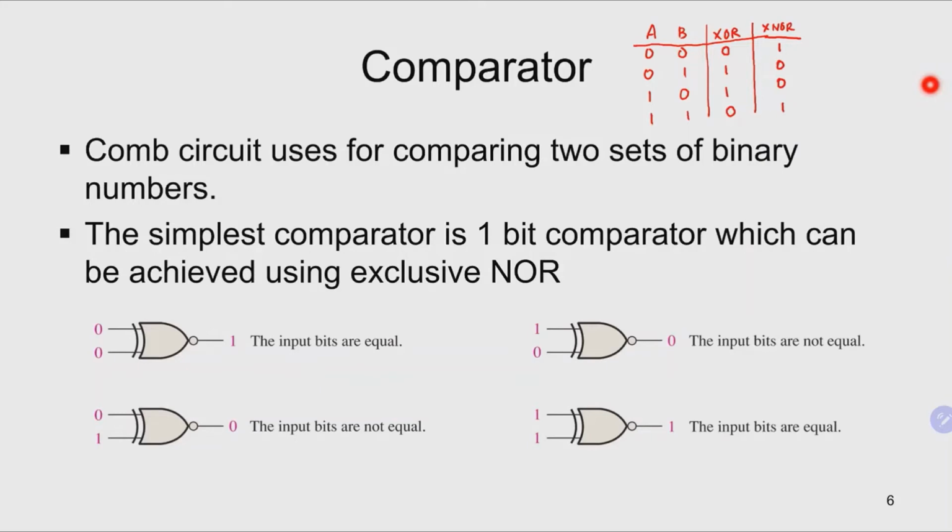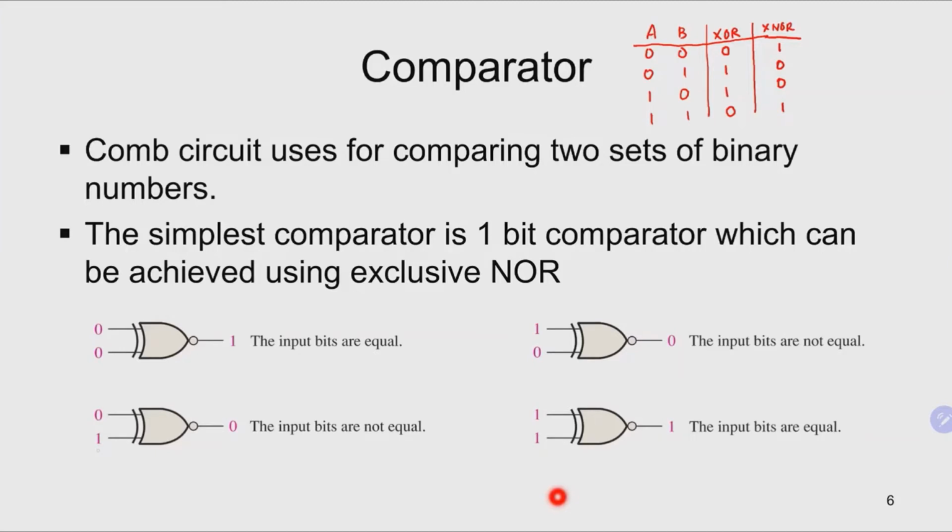So in this case here, if my two inputs are 0, 0, then I get an output 1. So when the output is 1, what it shows is that both the inputs are equal. So we can see that 0, 0 gives us 1, 1, 1 gives us 1. So when the two inputs are the same, we get a 1.